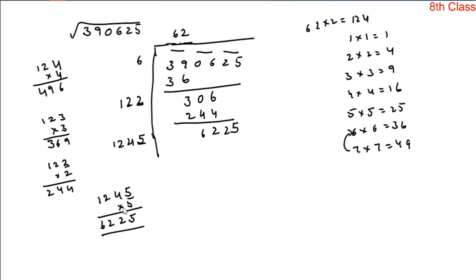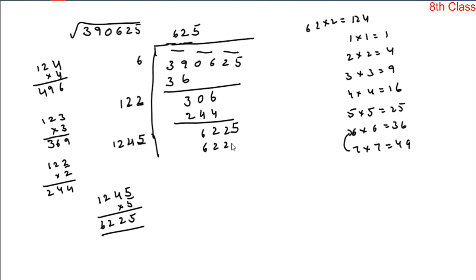So 1245 into 5 is equal to 6225. It is equal to the dividend. So write the digit on the right side of the quotient.